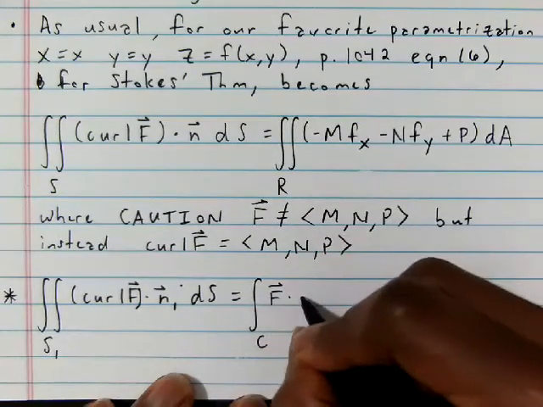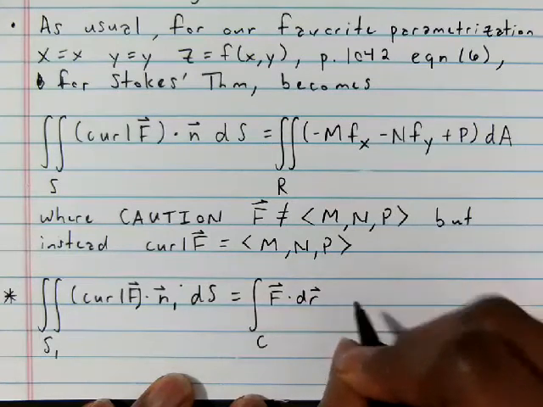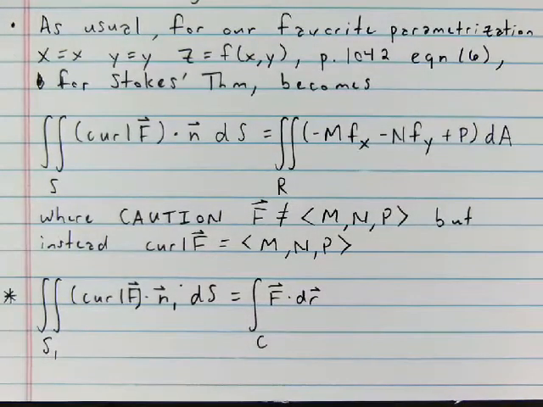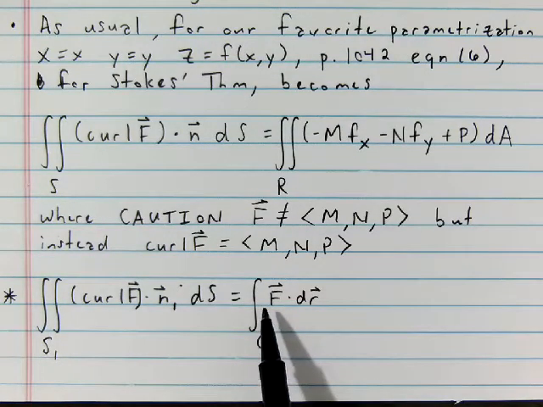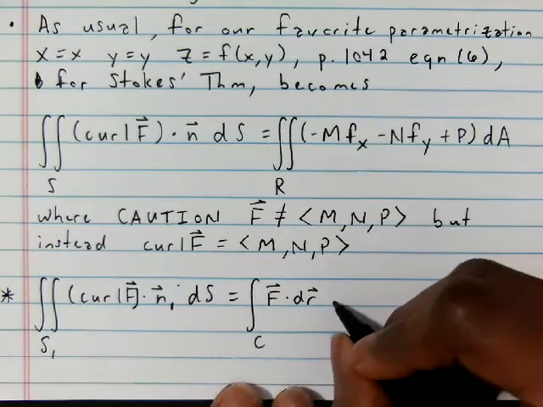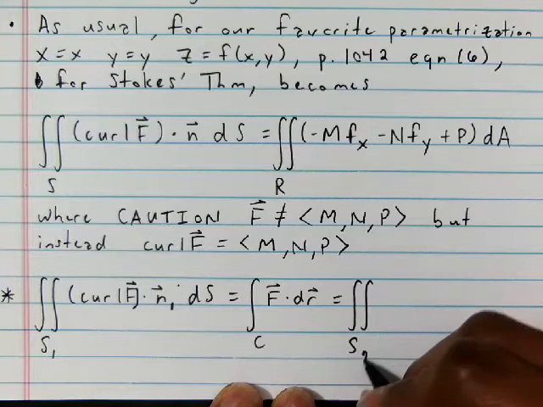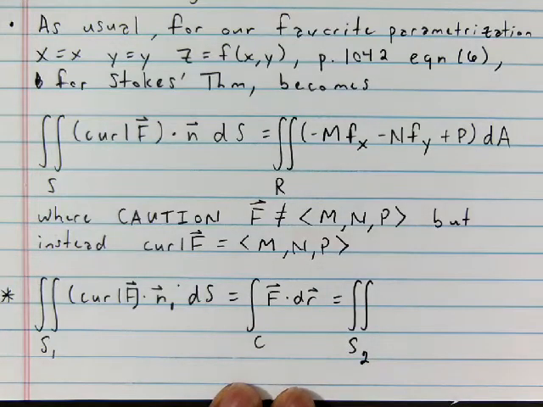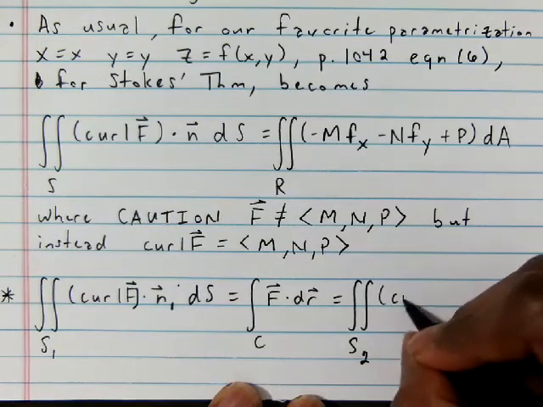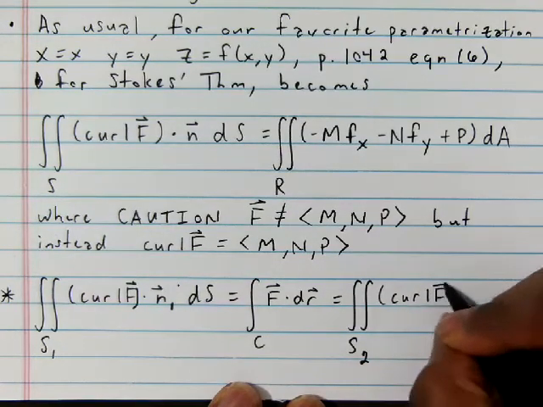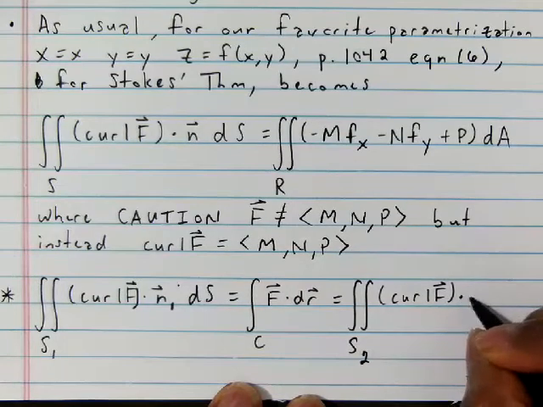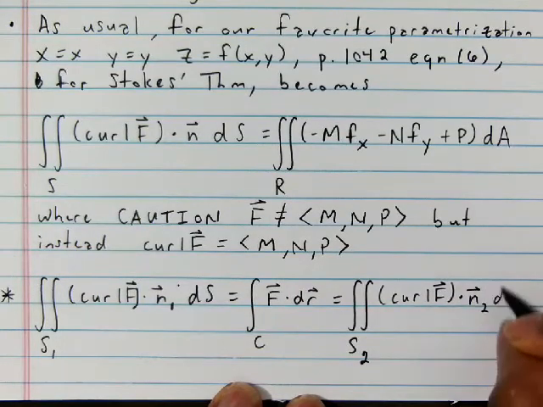of F dot dr. But Stokes theorem also tells us that if we have a line integral over some boundary curve C of F, then that is equal to, according to Stokes theorem again, the surface integral over some surface S2 for which C is the boundary curve of curl of F dot N2 dS.